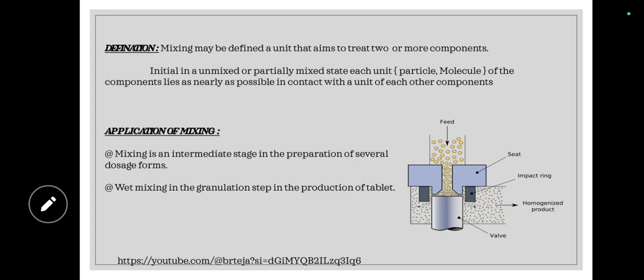See, the feed is placed in the upper position inside the equipment, with an impact ring. Impact means force; impact forces are involved in this equipment. And the homogenized product is a single particle.